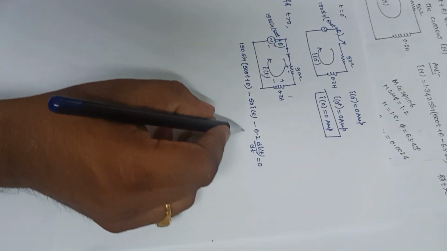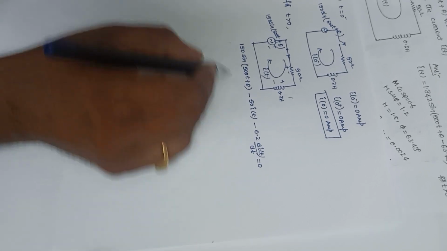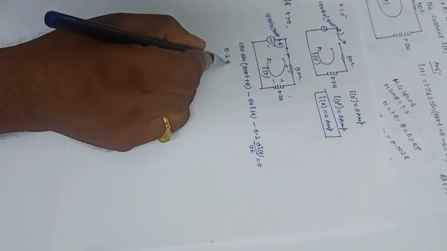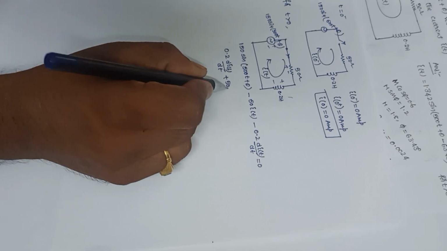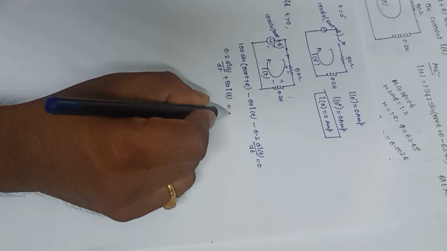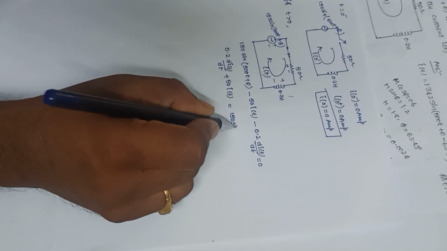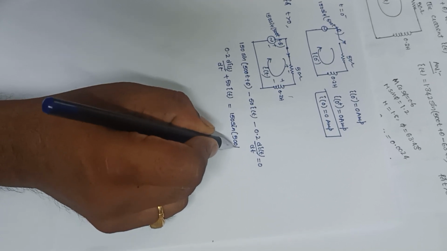Now write down this expression like this: 0.2 into di of t by dt plus 50 into I of t is equal to 150 into sin(500t plus theta).